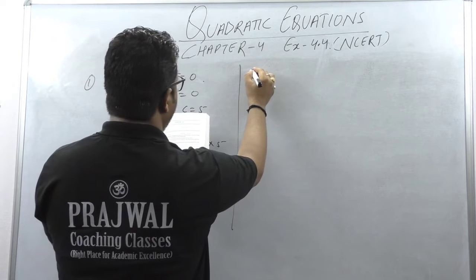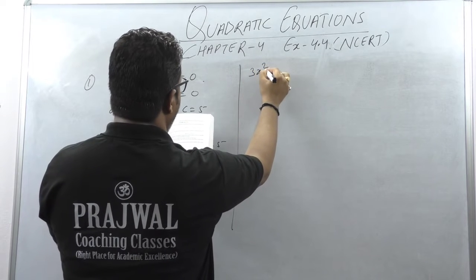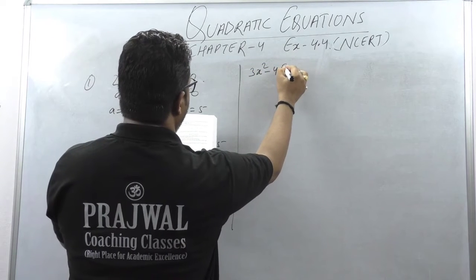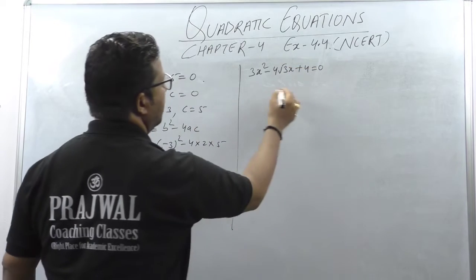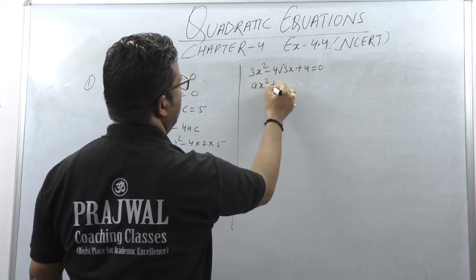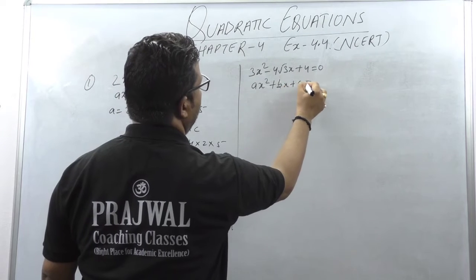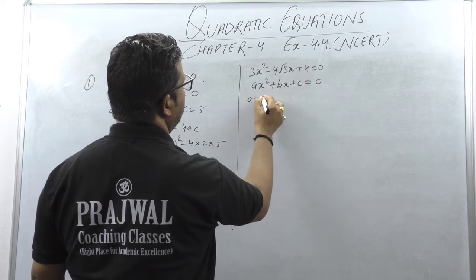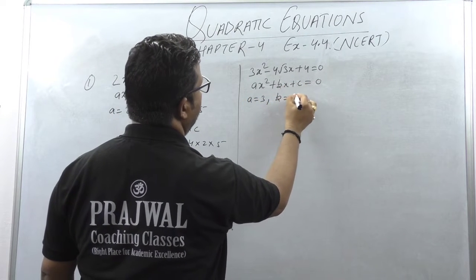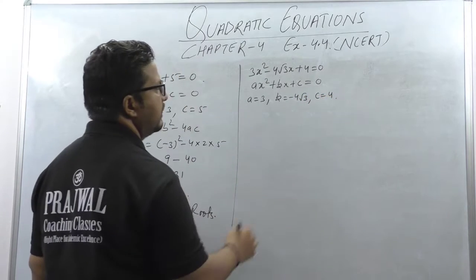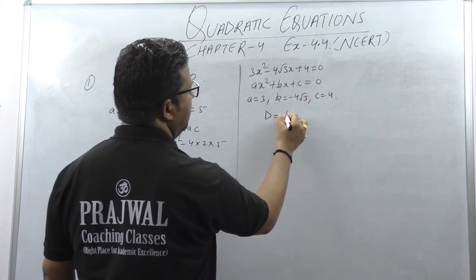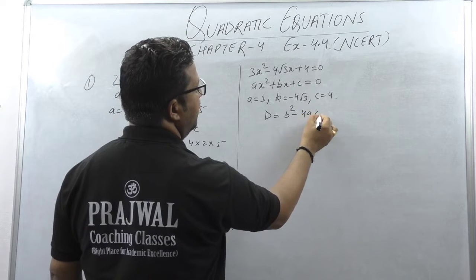In the second part, it is given 3x² - 4√3x + 4 = 0. Again we compare with ax² + bx + c = 0. The value of a is 3, b is -4√3, and c is 4. Now we can calculate D. The D formula is b² - 4ac.